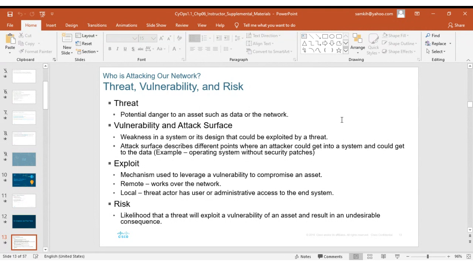Then attack surface describes the different points where an attacker could get into a system and get to the data. An example is an operating system without security patches. That's the attack surface. I believe you normally do the patching of your OS, especially right now with Windows 10. People were reporting that there were some bugs, and Microsoft has been releasing various patches.